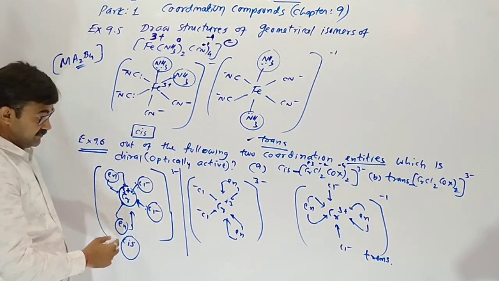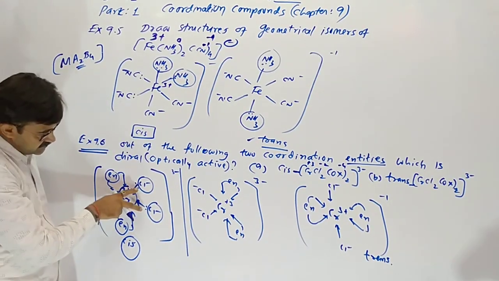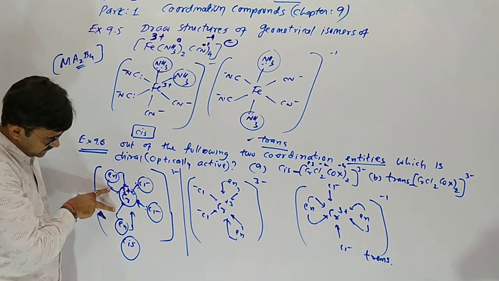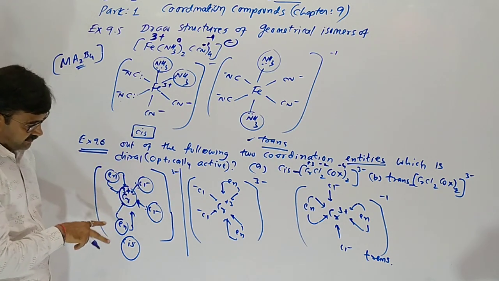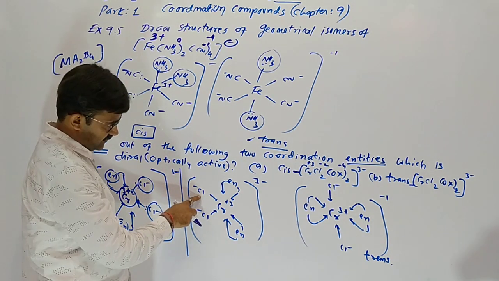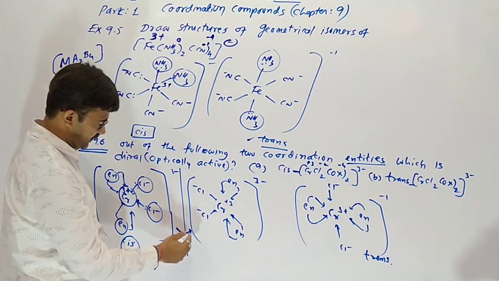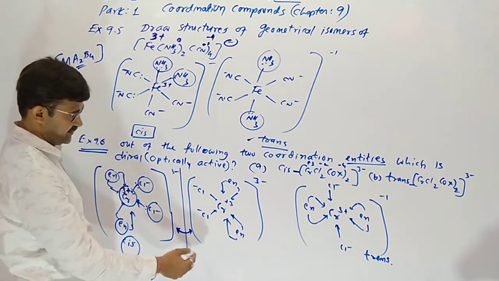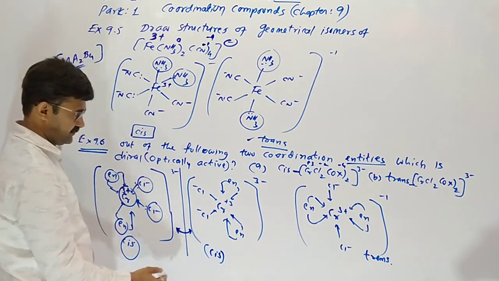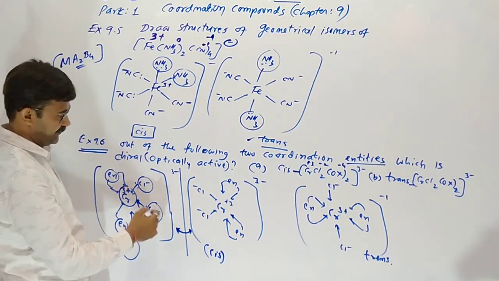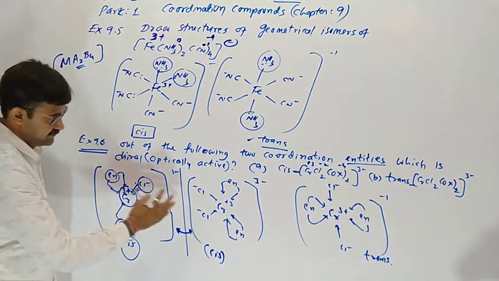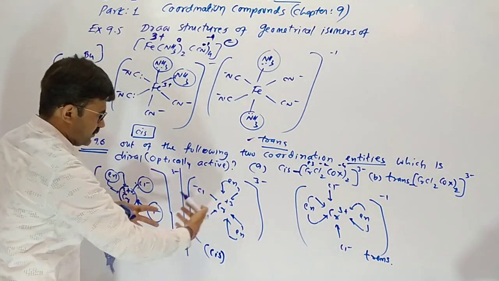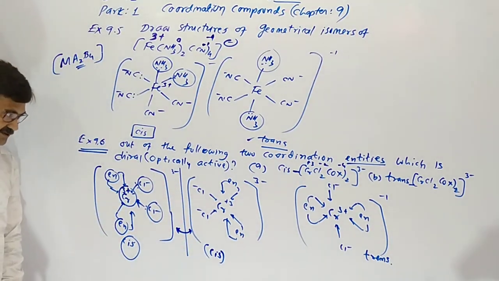This one cis. Why? 2 chloride are at 90. 2 En are close and 2 chloride are close. Cis. Here this is mirror image of this one, cis. Both are cis. Mirror image. So optically active. And we can't superimpose with each other.